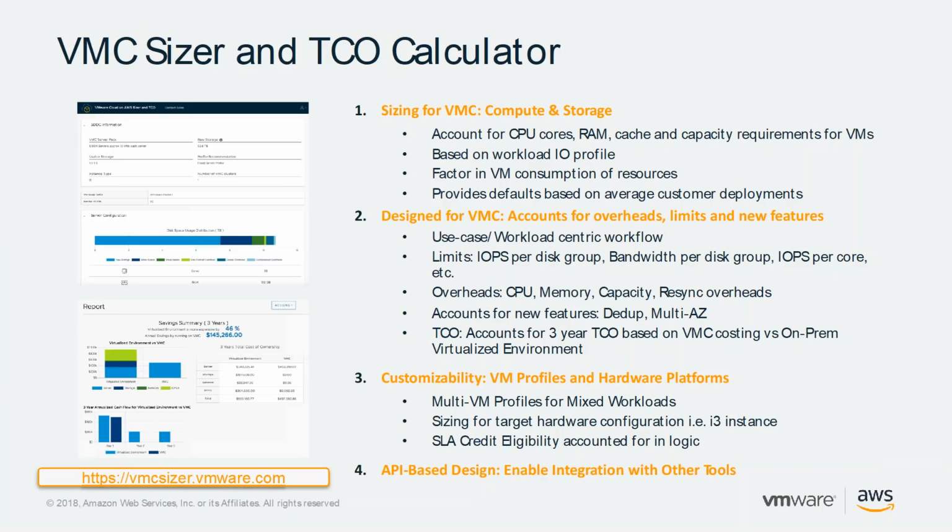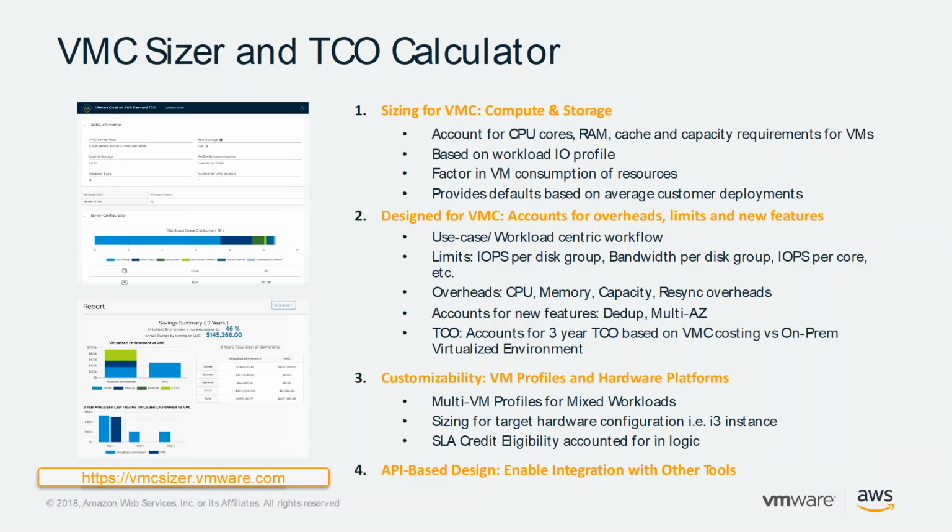And it takes into account the CPU cores, RAM. It knows exactly what hardware we're going to use. It takes into account a bunch of assumptions that we're making on reservations. It provides default based on your average customer deployment.